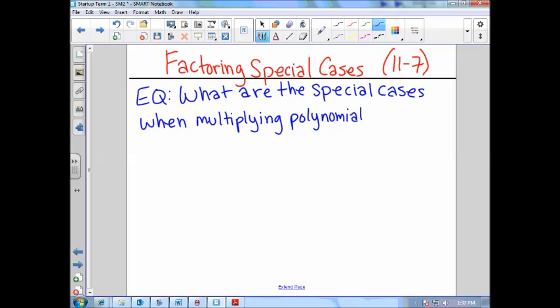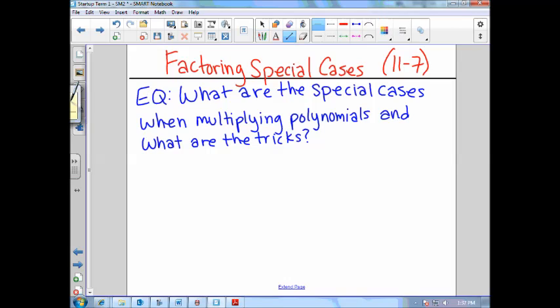And what are the tricks? Because these are going to have tricks with them that will make the process shorter. Special cases of polynomials, and what are the tricks?